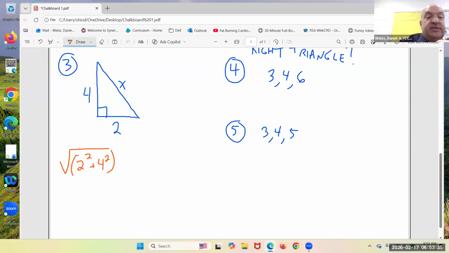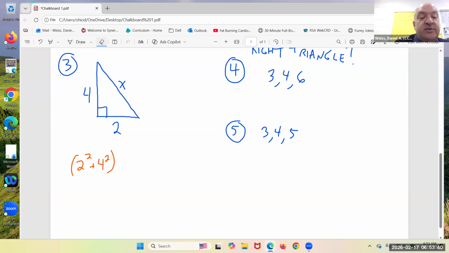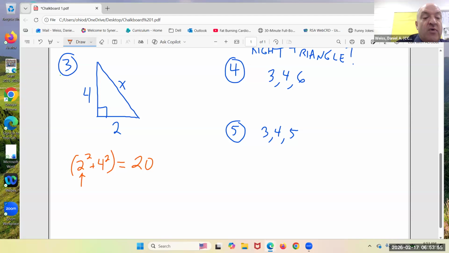I'm changing my story here. In this case, don't hit the square root first. Just do 2 squared plus 4 squared. That's it. And you're going to get 20, because 2 squared is 4, 4 squared is 16. So you get 20. So what you need to do is take the square root of 20.